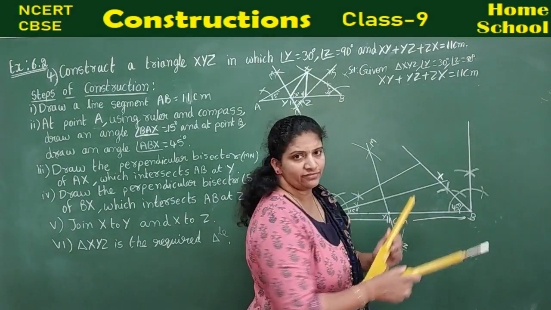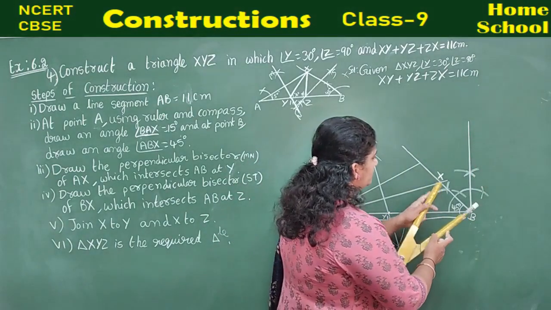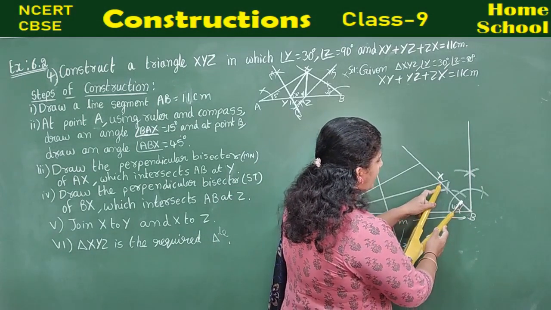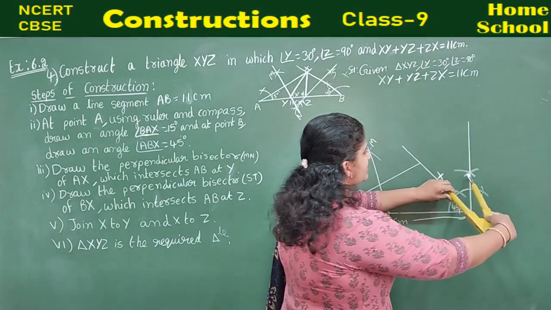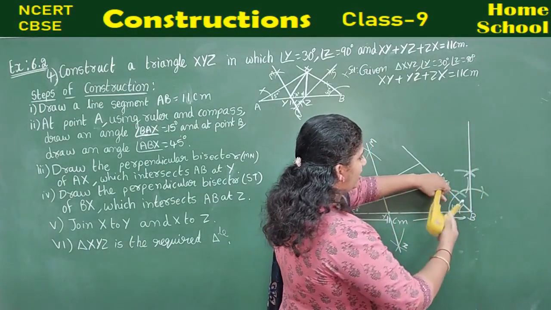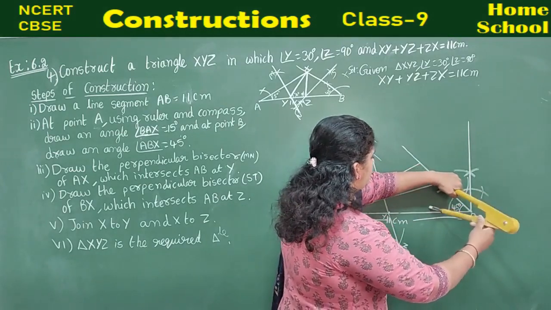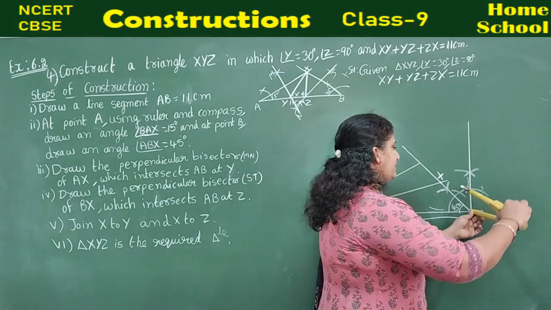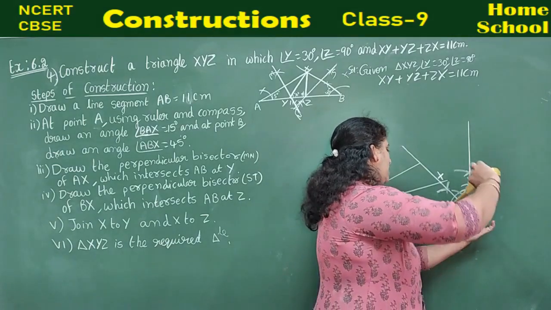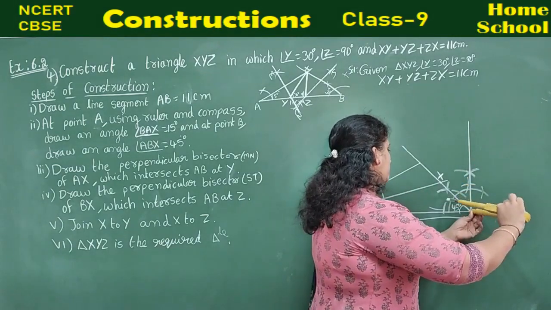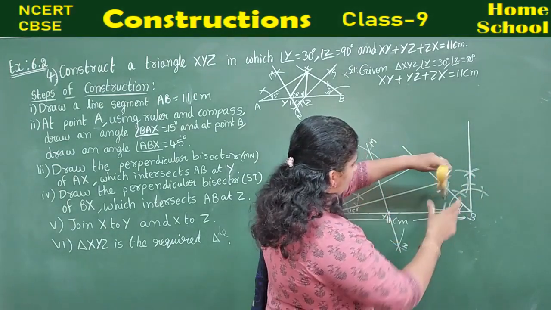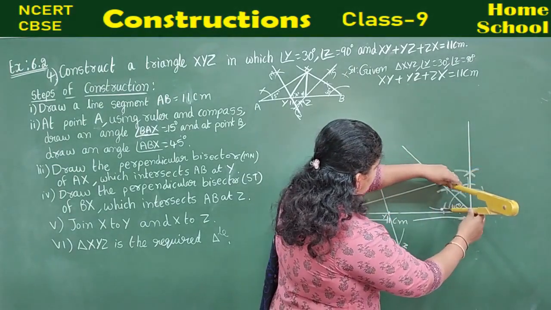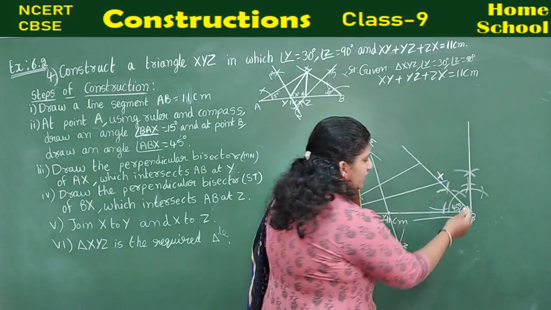Let's draw the bisector for BX. So see here, more than half. With X as a center, draw an arc above BX and below BX. And with B as a center, cut the arc. Observe carefully.